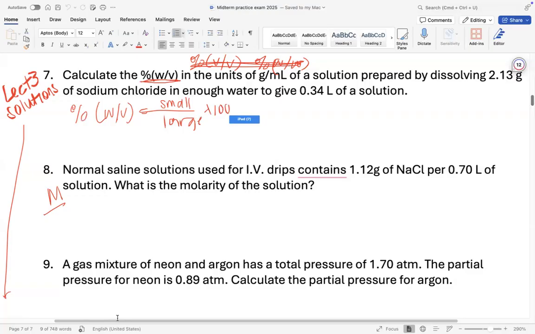Specifically, you want grams over mils, but usually the small over large covers that. So we're given 2.13 grams, but instead of mils, we're given liters. So we need to change this to milliliters, ml.